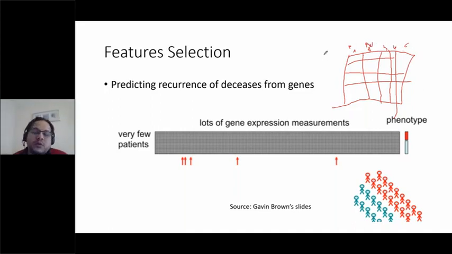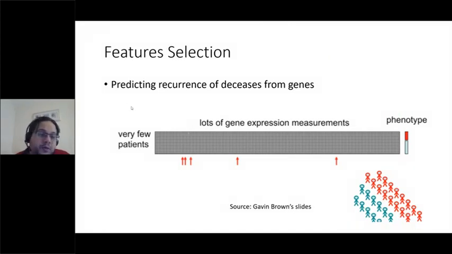So what we want to do in some problems is reduce this number of features, like in this example. We want to predict recurrence of diseases from genes. So we have some people here, each row is a person, and the features are the genes. What gene is present or not, for example.